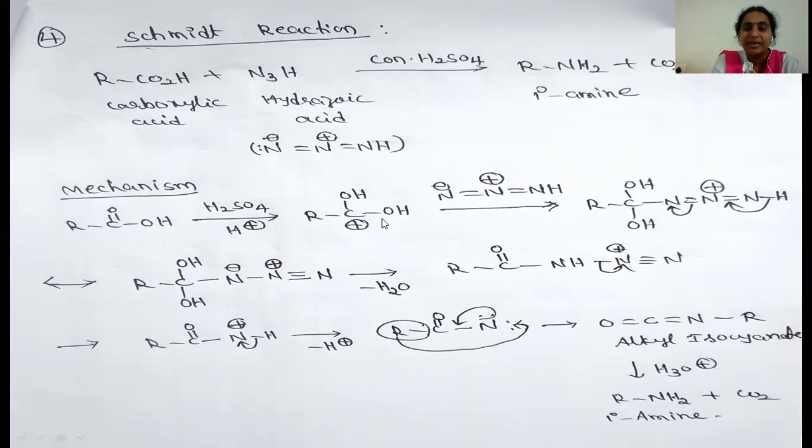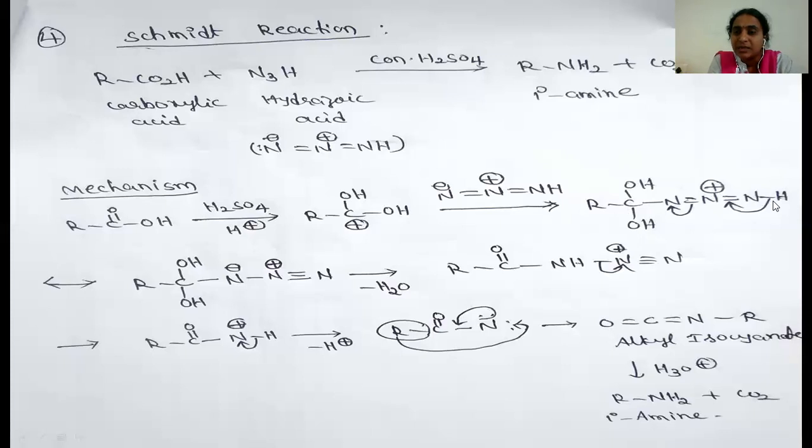Simultaneously, this pi bonding electron shifts towards the oxygen, and carbon gets a plus charge here. Now, when it reacts with hydrazoic acid, N3H, the last nitrogen which has the minus charge donates its electrons to the carbon, because it is deficient, and makes a bond between carbon and nitrogen. The remaining structure is the same: R–C(OH)–N, double bond N plus, double bond NH.